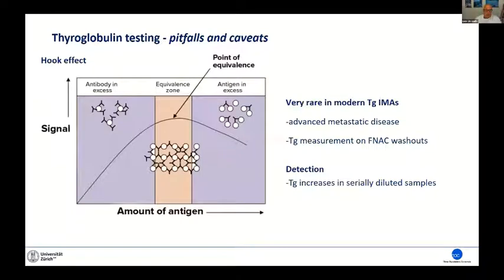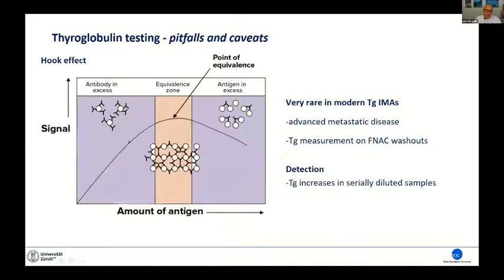Another very rare today potential pitfall is the so-called hook effect that may occur when very high serum concentration or washout concentration of thyroglobulin are present. In such cases, there is a saturation of antibody sites, and the formation of sandwiches is precluded.